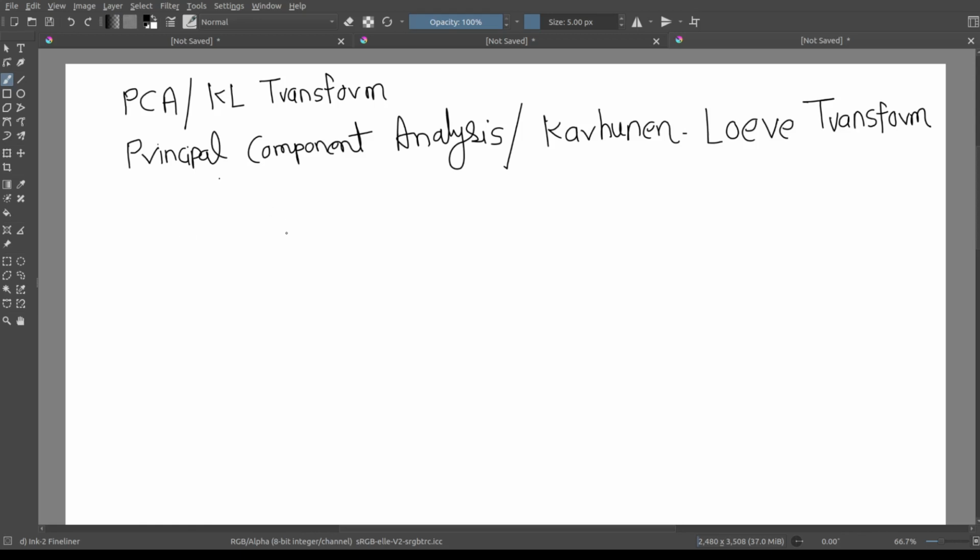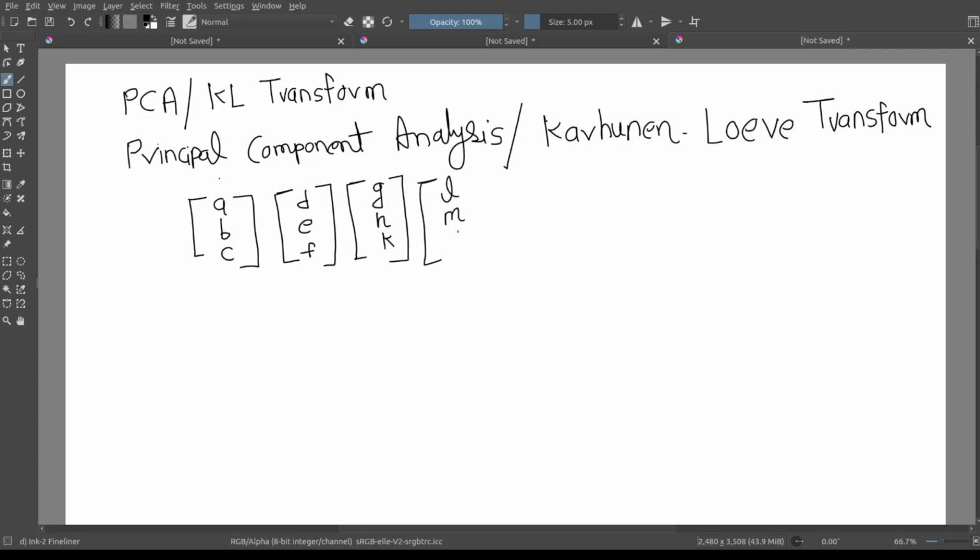Let's say I am giving you some vectors: A, B, C is my first vector, D, E, F, G, H, K, L, M, N. I gave you these 4 vectors, x1, x2, x3 and x4. Jointly I will call this x.